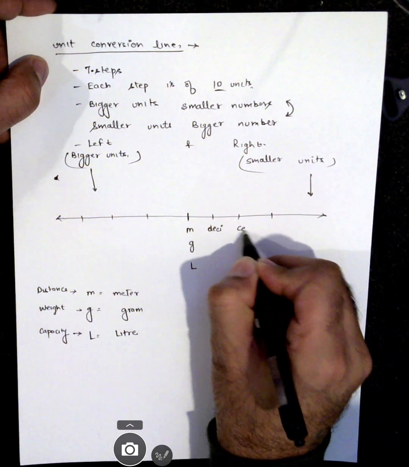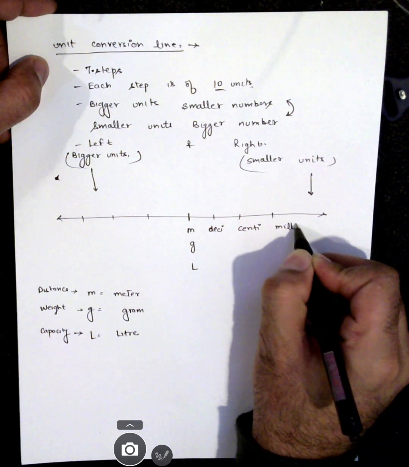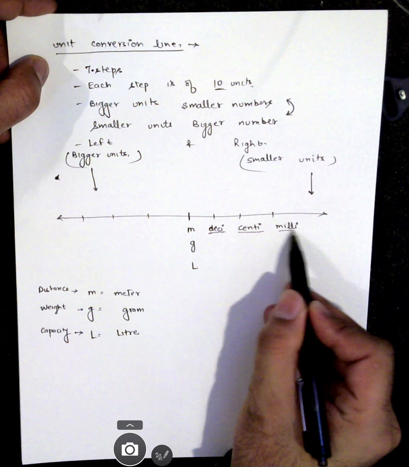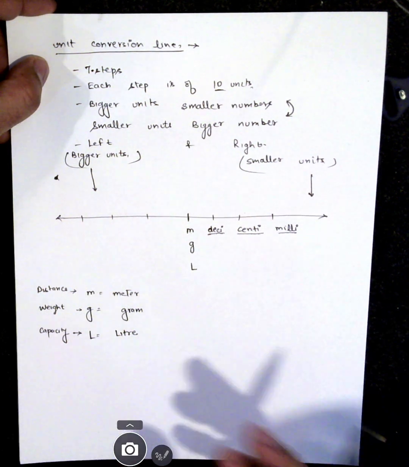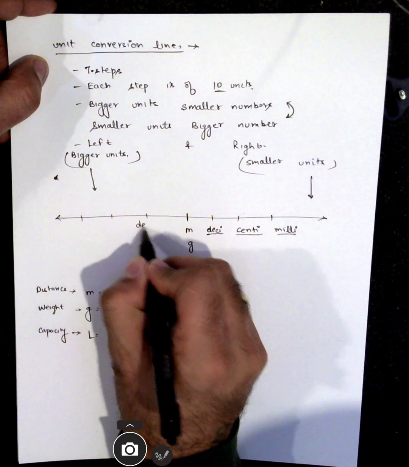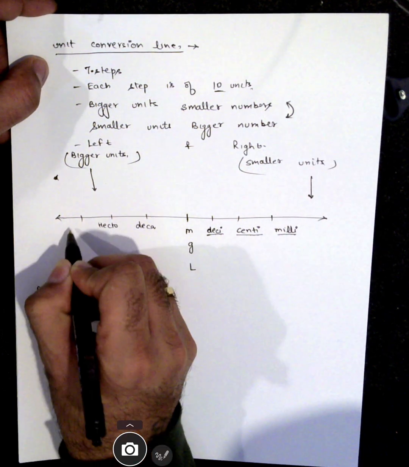Then we have centi. Then we have milli. So these are the keywords we have to remember: deci, centi, milli. And on the left side, we have deca, hecto, and kilo.